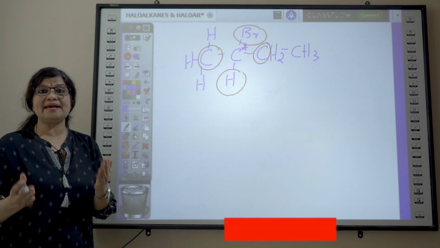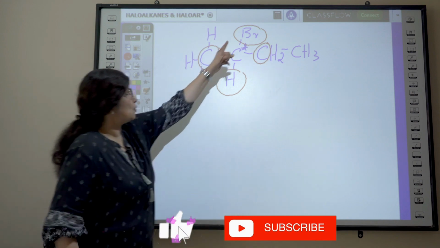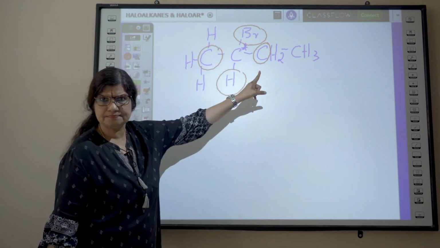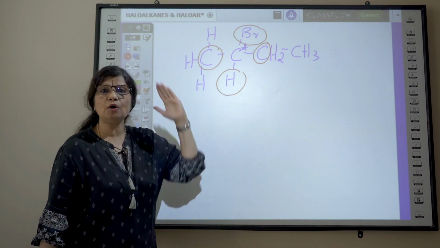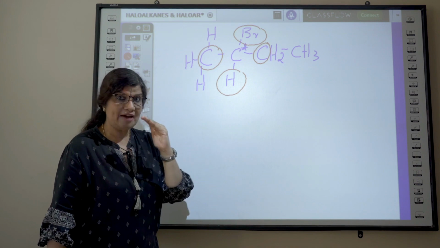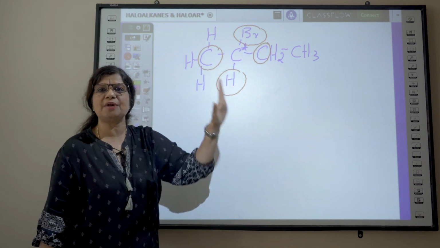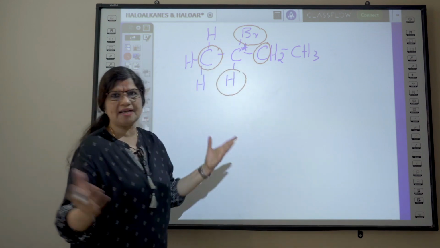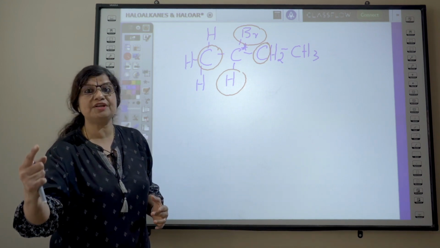So how will you compare their priorities? Before that, it's very clear that bromine has the highest atomic number, followed by carbon, and hydrogen has the least atomic number. So there's no doubt about bromine and hydrogen. We have to now tackle which of these 2 groups has a higher priority, right? First step: both these carbon atoms are identical. Now we look at the next point of difference.